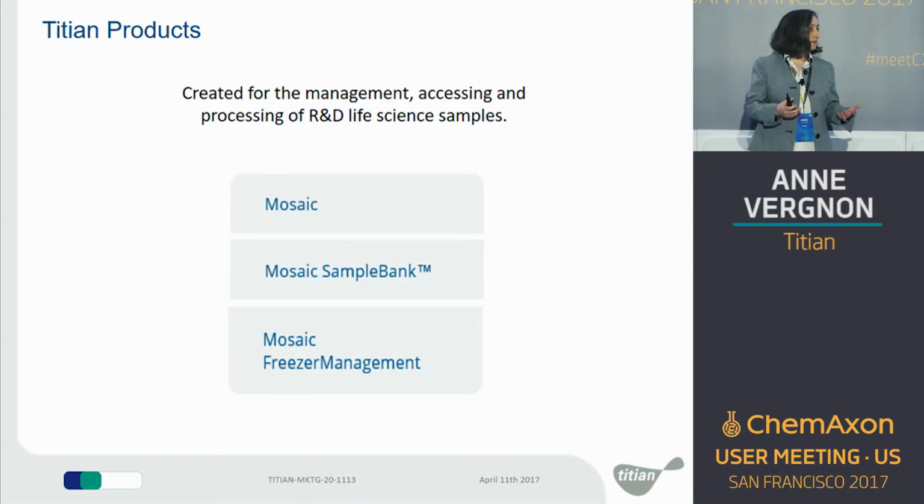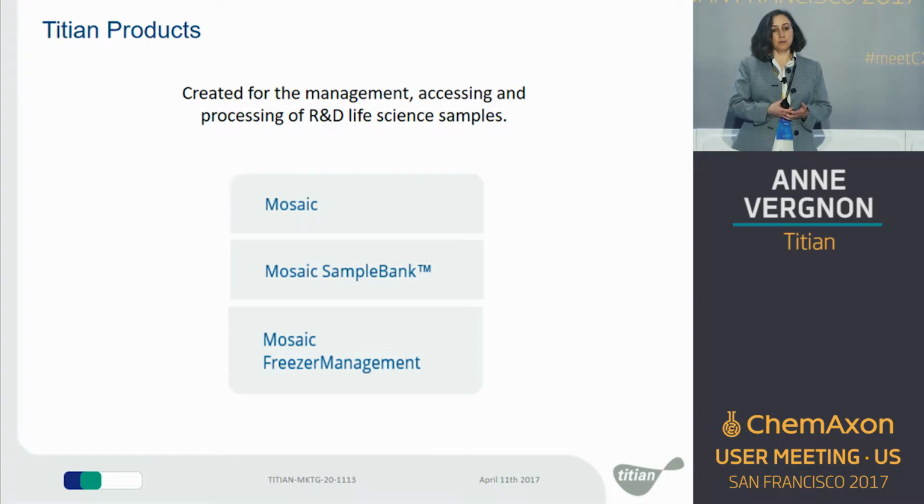As our experience grew, we found that some of the processes were common to many of the sample management labs we worked with, so we thought we could provide packages that are pre-configured versions of Mosaic. The basic one is Mosaic Freezer Management, which you would use for inventory tracking. And if you add ordering, then the next package would be Mosaic Sample Bank.